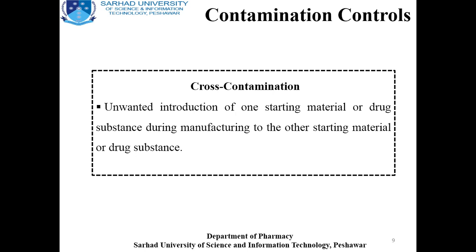I have 5 ingredients in the formulation, and I am going to prepare a sterile formulation or any other formulation, whether tablet or capsule. If any material or substance, which may be a raw material or a finished product, becomes part of the product I am going to prepare, other than the 5 or 6 materials included in the formula, then that is termed cross contamination.